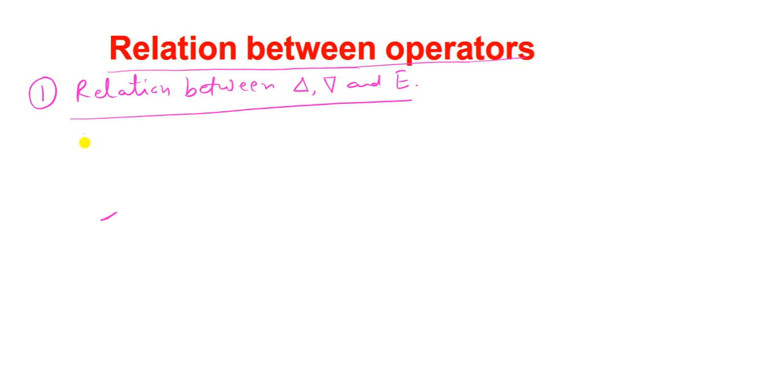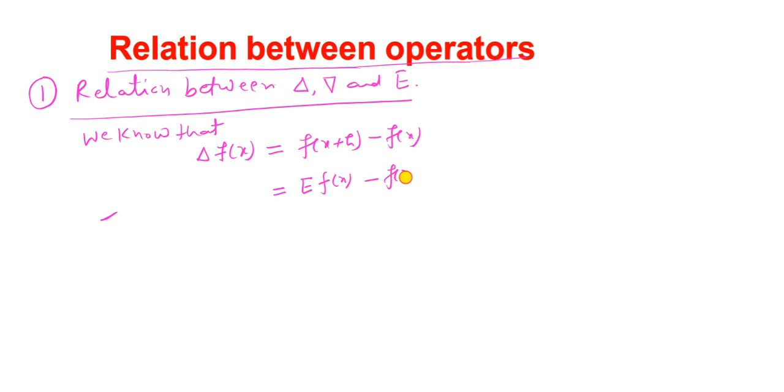We know that the forward operator del operate on the function f(x), then it will be f(x plus h) minus f(x), and we write E to the power 1 f(x) minus f(x).